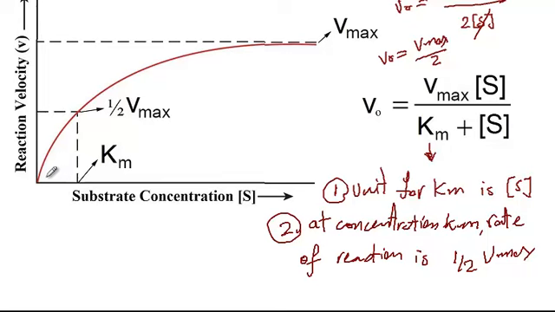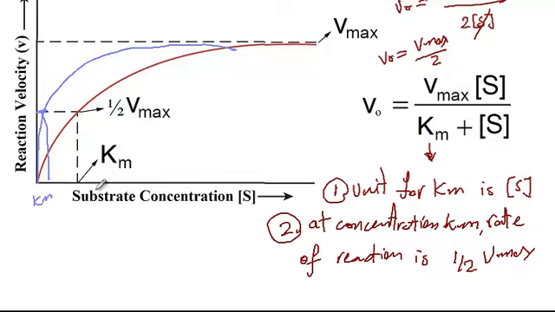And then the last concept that I would like to discuss with you is the enzyme affinity for the substrate. So if the enzyme affinity for the substrate is high, these enzymes will bind substrate very fast and the Vmax will be reached at a faster speed. So here you can notice that the Km has been decreased for this enzyme.